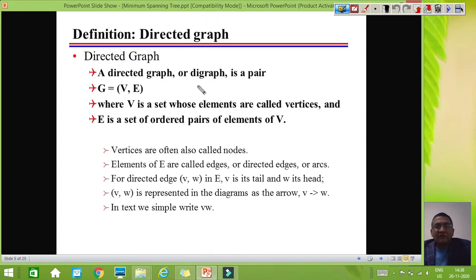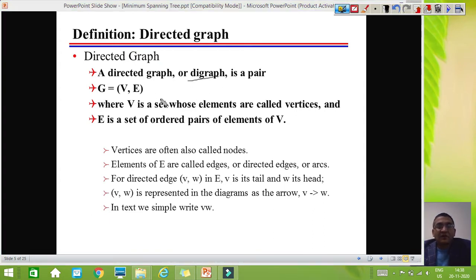We have different kinds of graphs that we use based on the different problem given to us. One type of graph is called a directed graph. We also call it a digraph. Graph in general is a collection of vertices and edges.